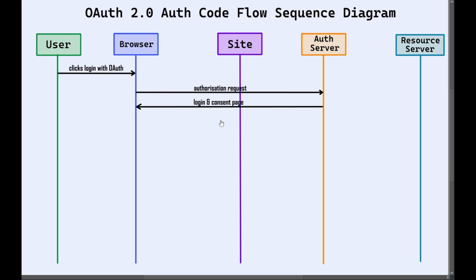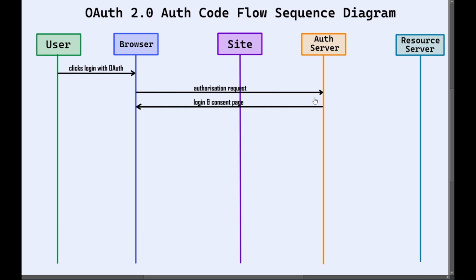Step 3 is user authentication, where the auth server now returns the login page back to the browser. The login page comes directly from the authorization server instead of our application. What that means is that the user's username and password are entered only into the auth server and not the accessing application.